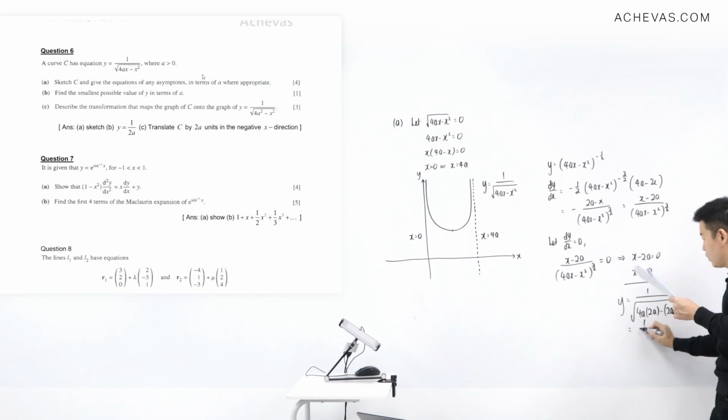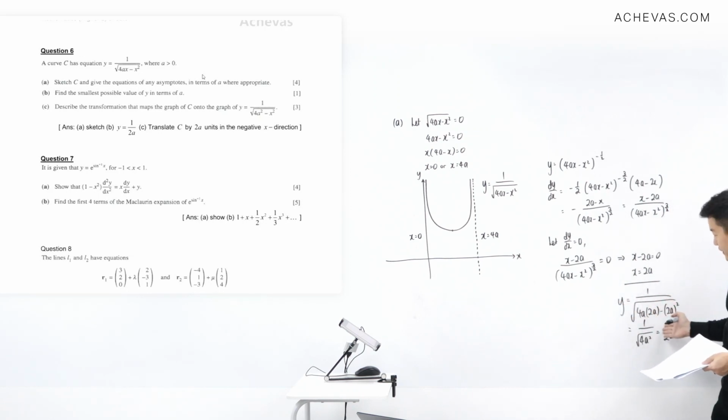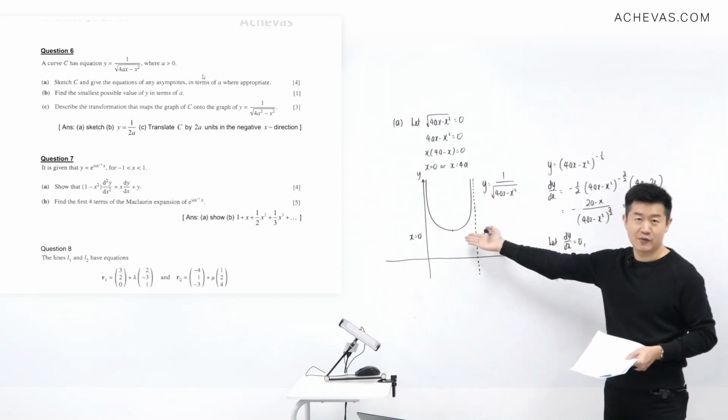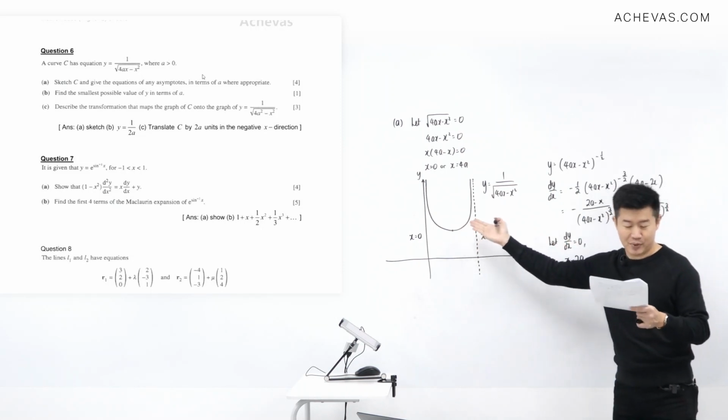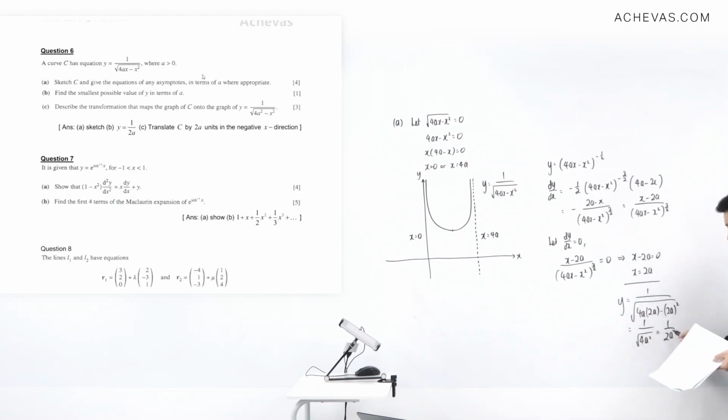So y will be 1 over the square root of 4a squared. This is equal to 1 over 2a. We can see this as a positive, we don't need to consider plus or minus. The reason is that I can see from my graph that we are getting a positive y coordinate, and a is positive. Okay, so x is equal to 2a, y is equal to 1 over 2a.